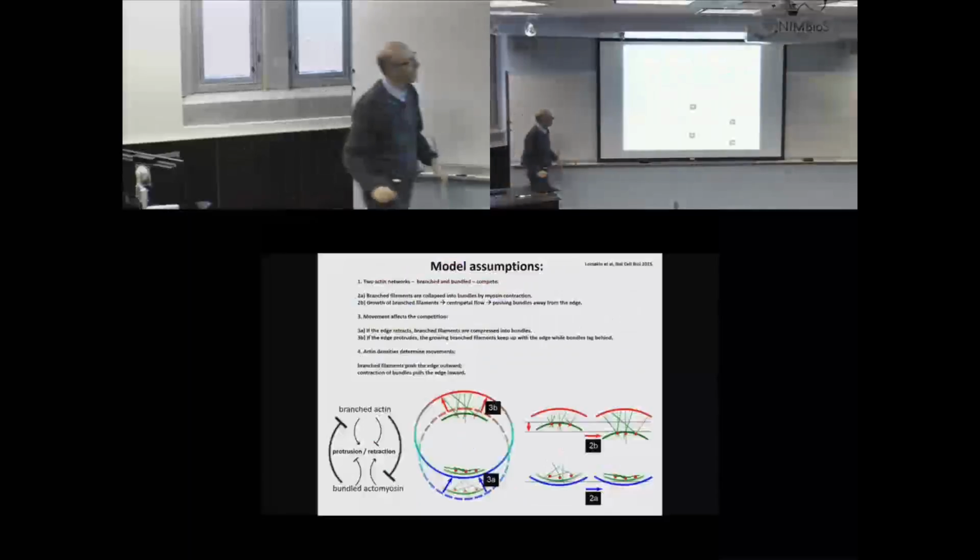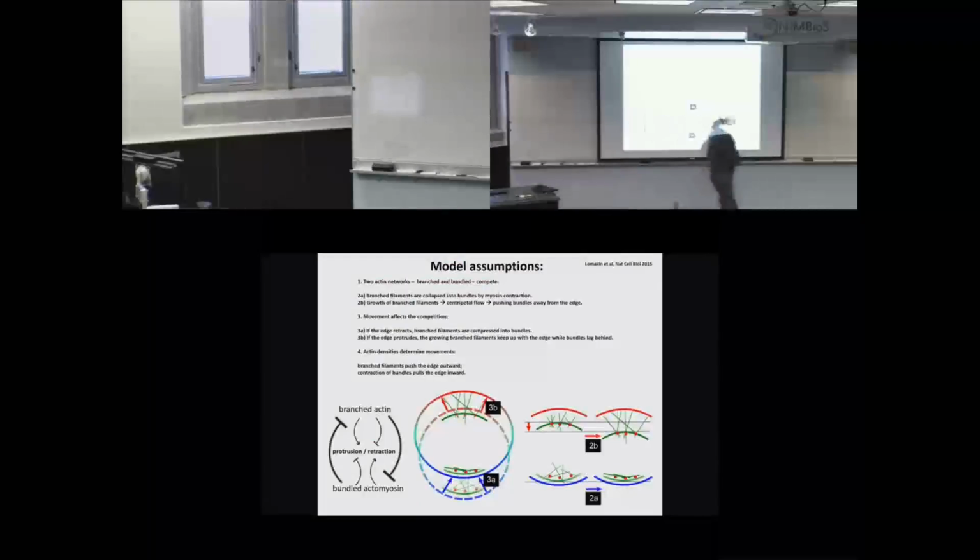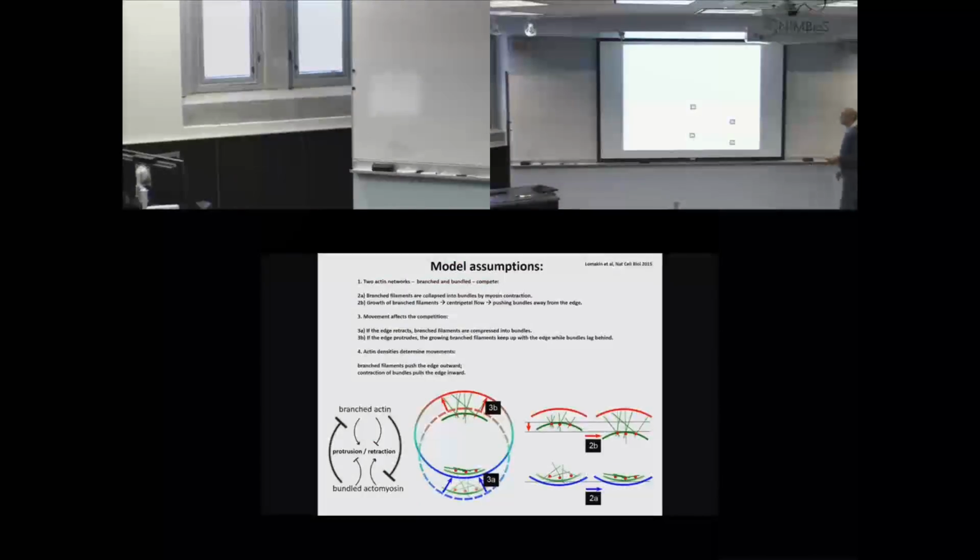And so from all these clues, we put together a model which qualitatively is very simple. There are two types of actin networks at the periphery, branched and bundle, and they compete. There are two main competitive parts other than competing for common actin.